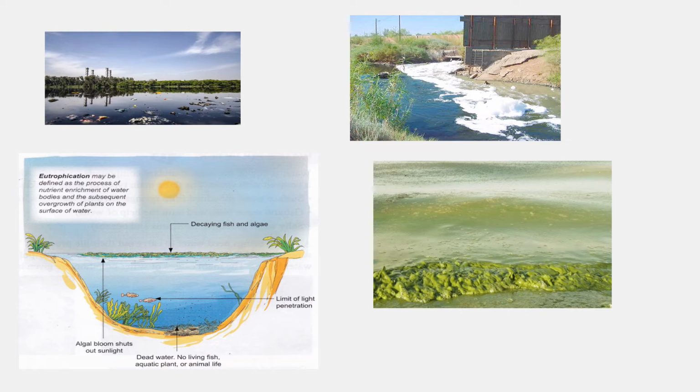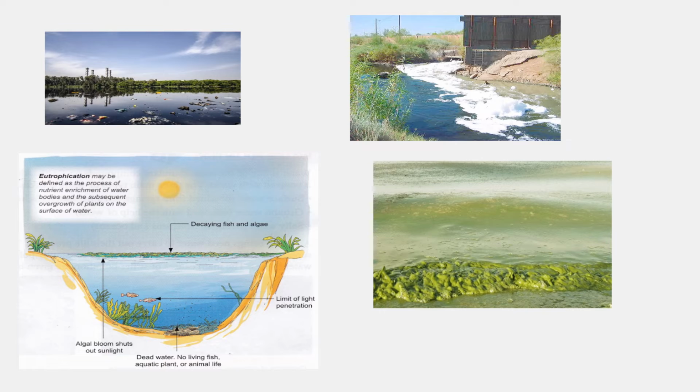Algal bloom shuts out the sunlight, which results in decaying fish and algae. As a result of the limit on light penetration the fish started decaying. And bottom dead water, no living fish, aquatic plant or aquatic animal.